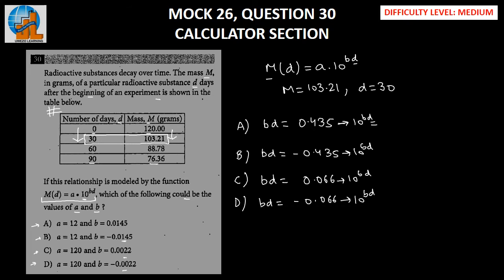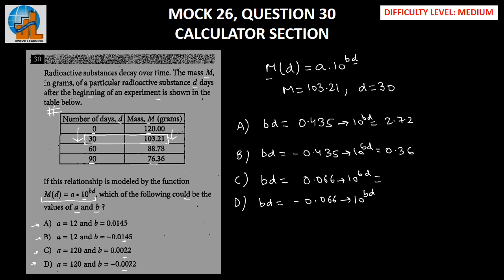So for the first option it would be 10 raised to the power 0.435, so this would be 2.72, and since this is a negative here, it would be 1 upon 10 raised to the power bd, so we have to divide 1 by 2.72, so we're left with 0.36. Let's go to option C here.